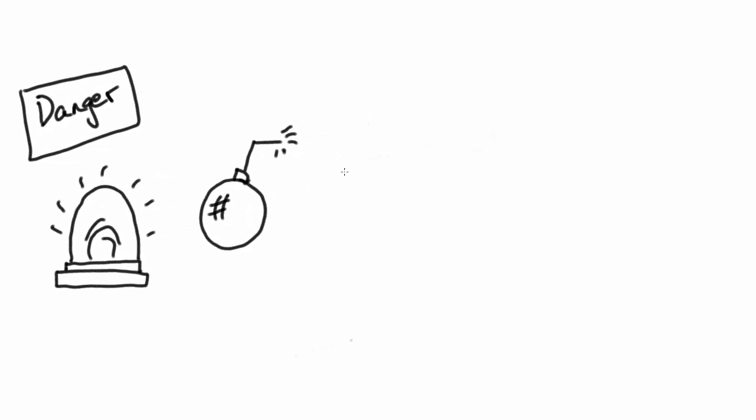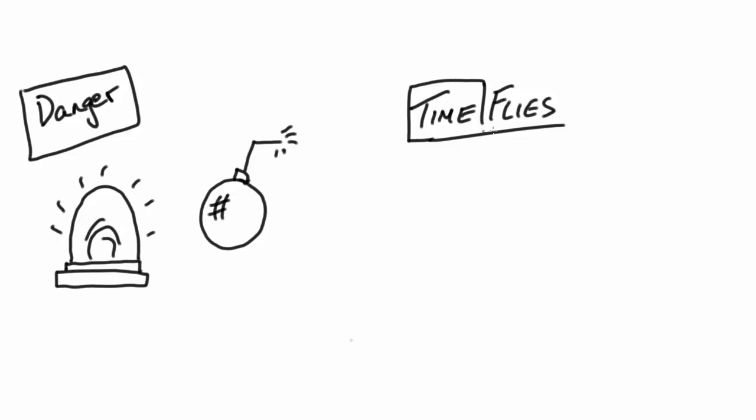Or how about a more metaphorical word like time flies. With time flies, we basically have two words: time and flies. What's something that represents time? A clock. So we doodle a clock, and then we have the hands of the clock.